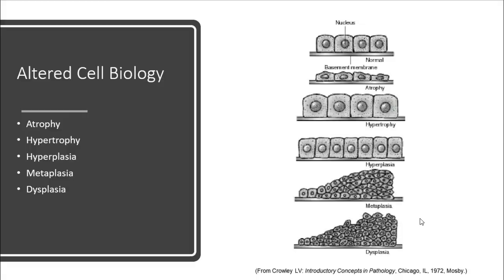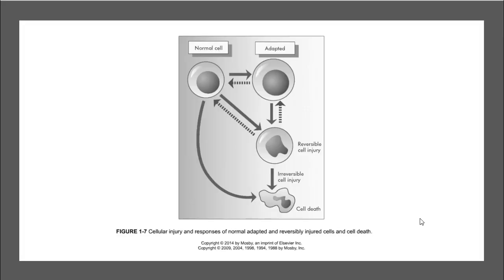normal cell. All right, so you can see here we have a normal cell, and it can adapt to the changes within the DNA. Or it can go to irreversible cell injury, and this can be from a multitude of different things. So we're going to go through all the different types of cell injuries and the pathological process.